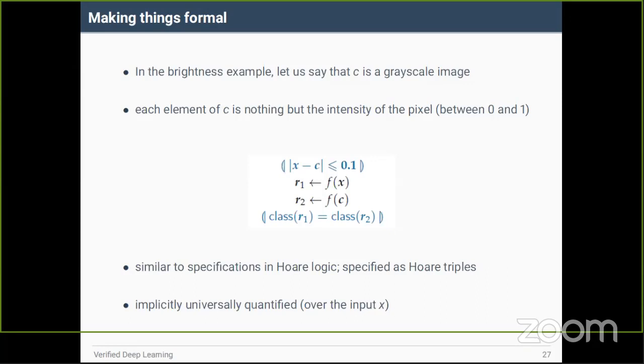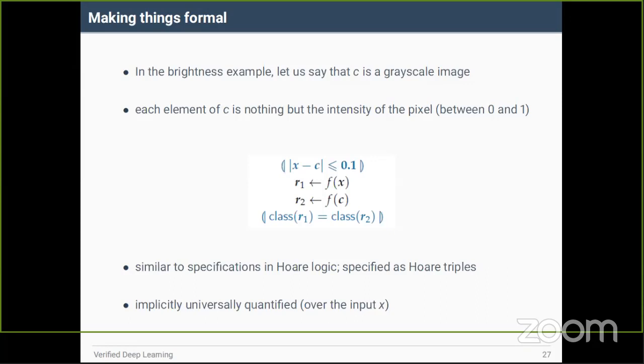And the property is that the class to which R1 belongs should be the class to which R2 belongs. They should be classified in the same way. So if you read it from top to bottom, it means that if the brightness does not differ by more than 10%, then they will not be classified differently.